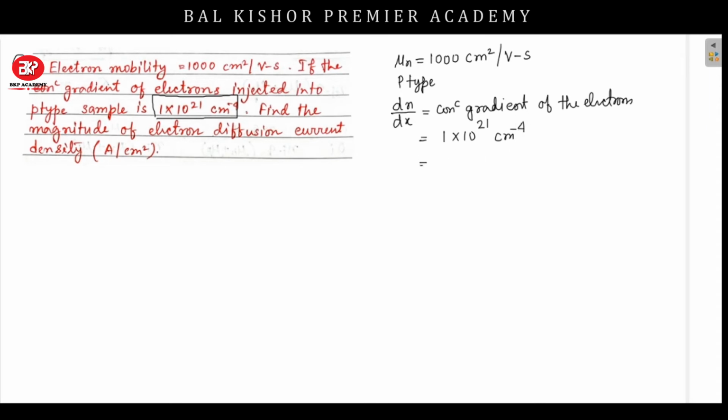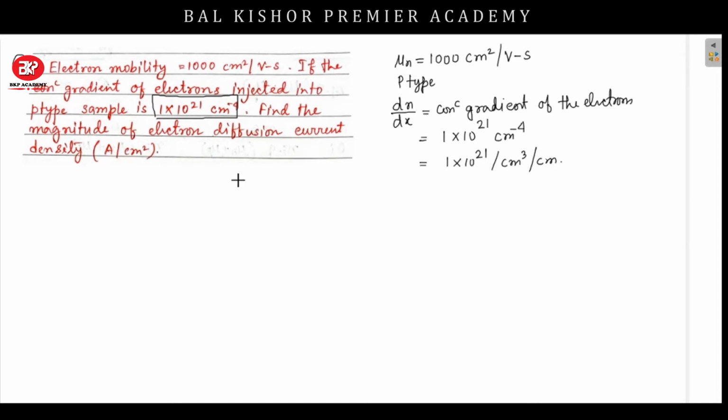Actually the unit will look like this, 1 into 10 to the power 21 per centimeter cube, meaning volume, and per centimeter. So this will be the concentration gradient. Find the magnitude of the electron diffusion current density in ampere per centimeter square.